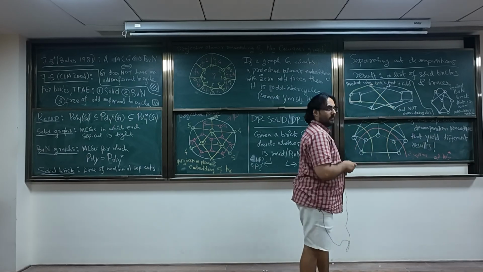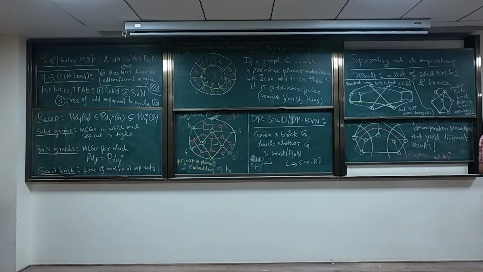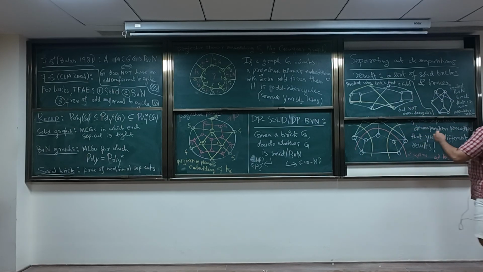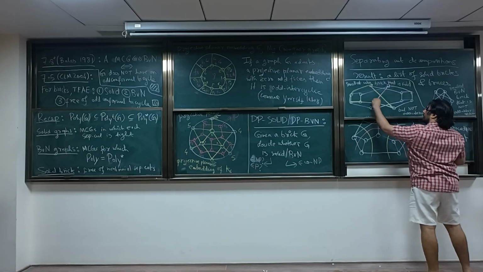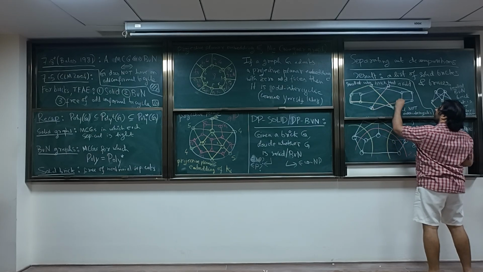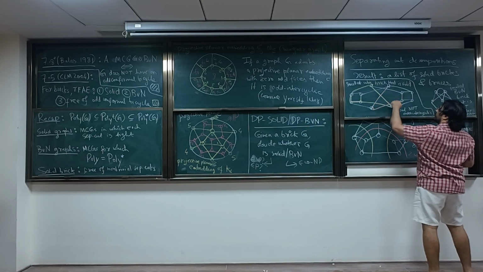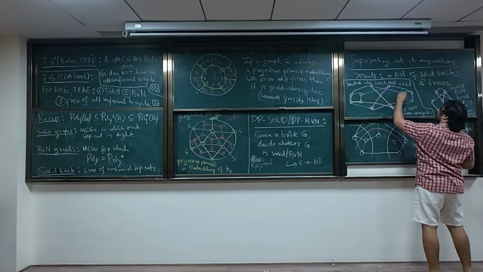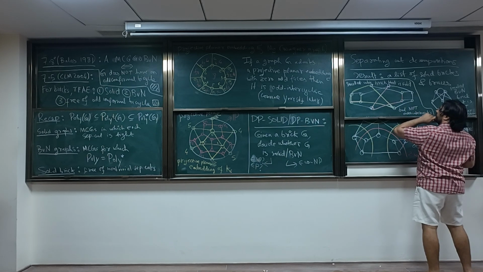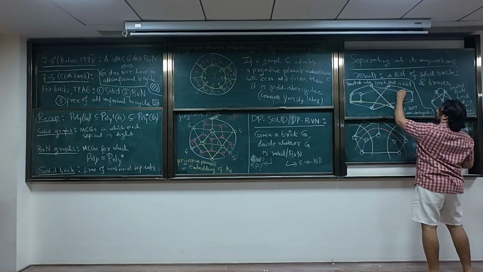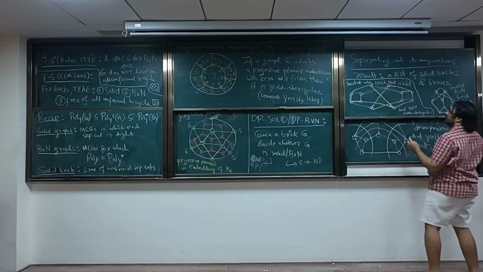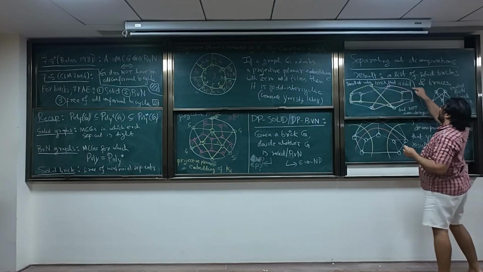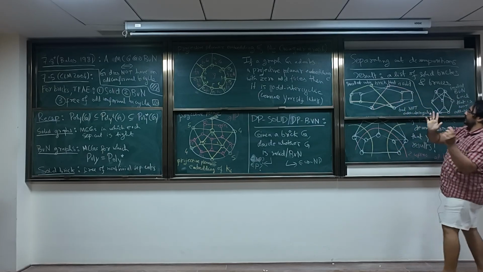This is an odd cycle, and symmetrically I can find one more odd cycle. 1, 2, 3. Is this an odd cycle? Okay, it's not symmetric, fine.